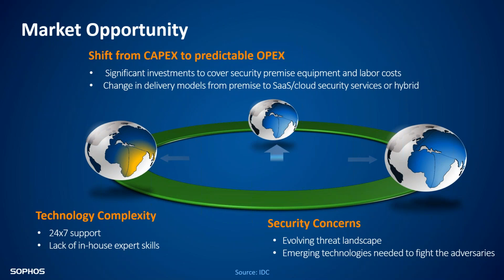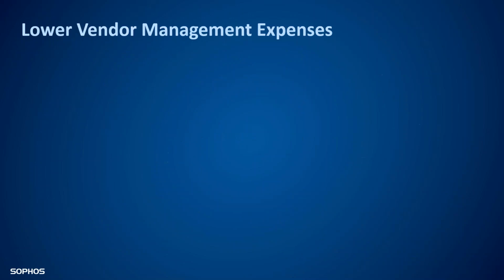The threats are getting more and more advanced, and there are emerging technologies that are needed to fight those adversaries. We're able to harness those negatives and turn them into absolute positives. So it gives you the ability as the MSP to generate the monthly recurring revenue stream and keep your customers safe, eliminate that complexity from your customer's environment, and offload that to the tools that are in place. And we're going to show you how we make that happen here today.